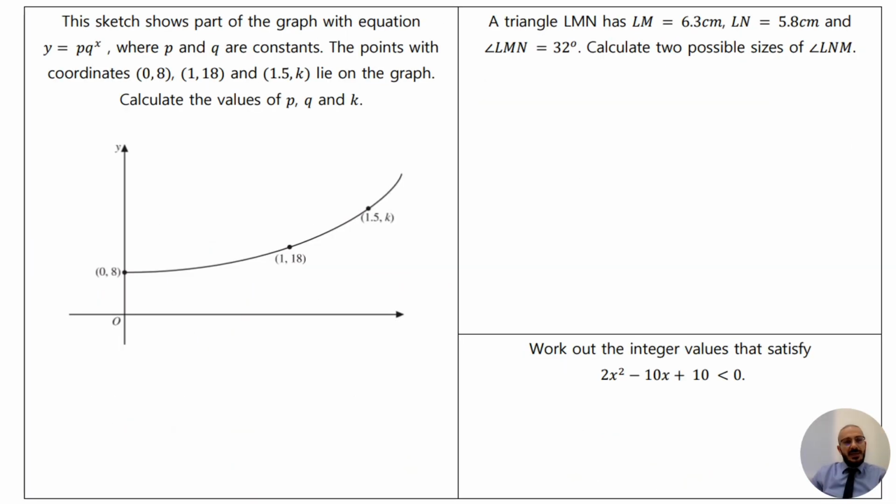Right, so let's have a look at this question. This sketch shows the part of the graph with equation y equals p times q to the power of x, with coordinates (0, 8), (1, 18), and (1.5, k). When x is 0, y is 8.